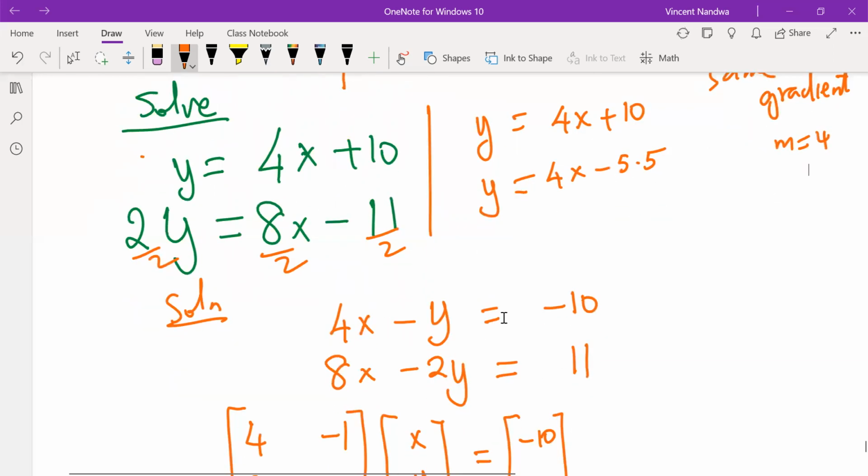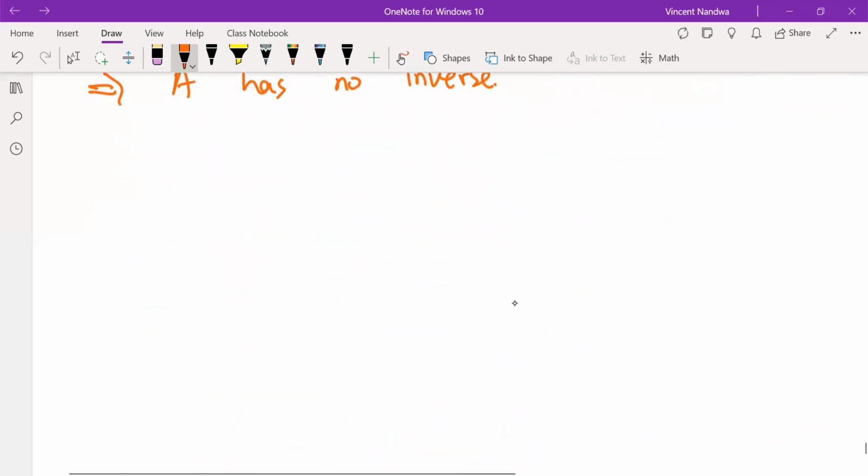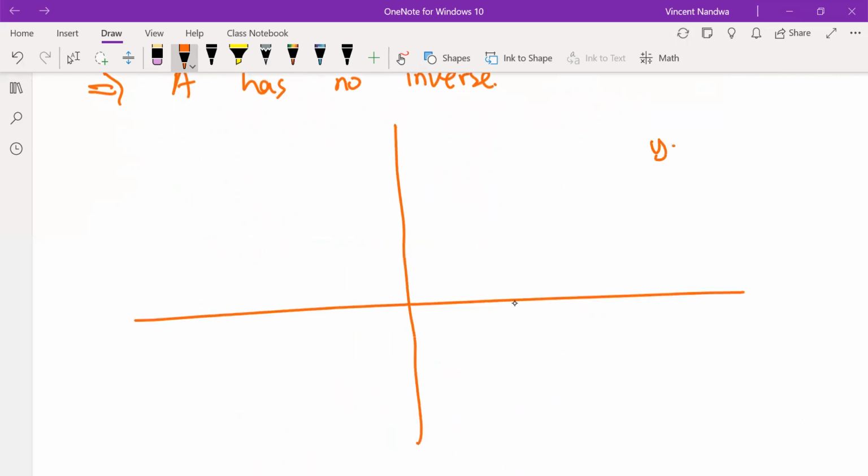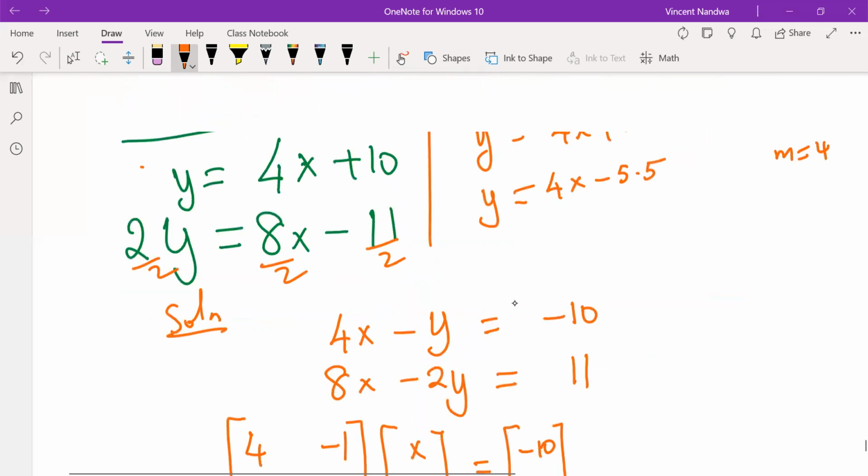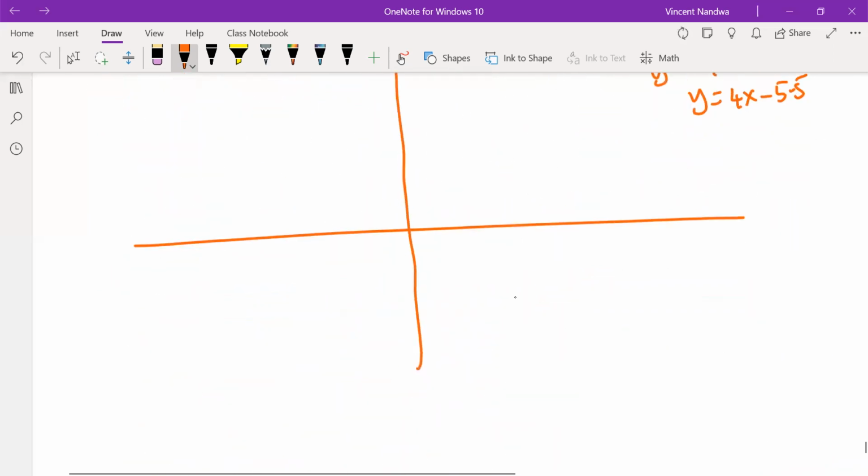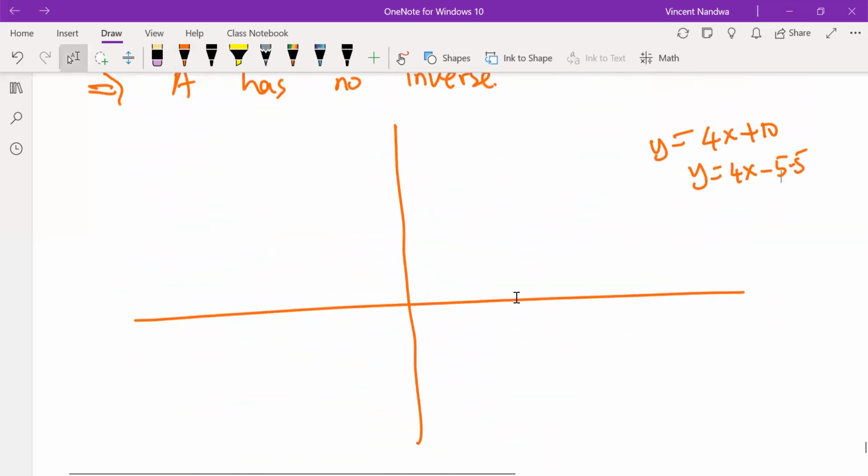So if we were to represent this on a graph, so we have equation y equals 4x plus 10, y equals 4x minus 5.5. So y-intercept of this, if I call this one line 1, this one line 2, y-intercept of this will be 10.